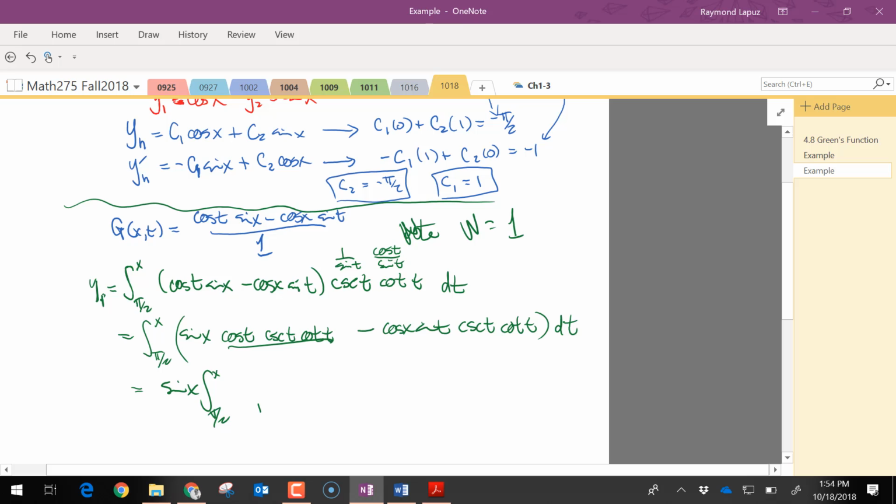We have this put together as cosine squared t over sine squared t, which we'll figure out how to integrate in a second. Cosine x from pi over 2 to x. And then the sine and cosecant will cancel each other out, and we just have a cotangent. So that's cosine t over sine t dt. We could do u substitution, or if you just remember the formula, it's something with an ln.